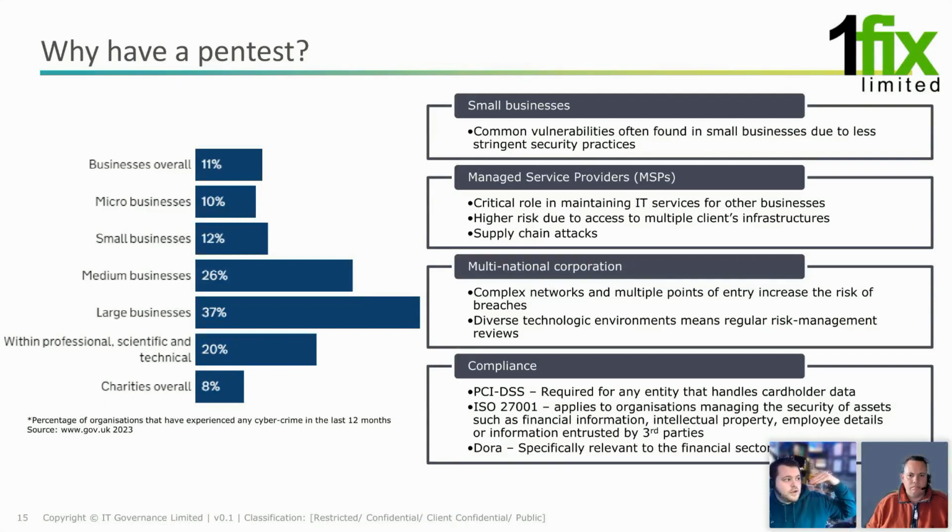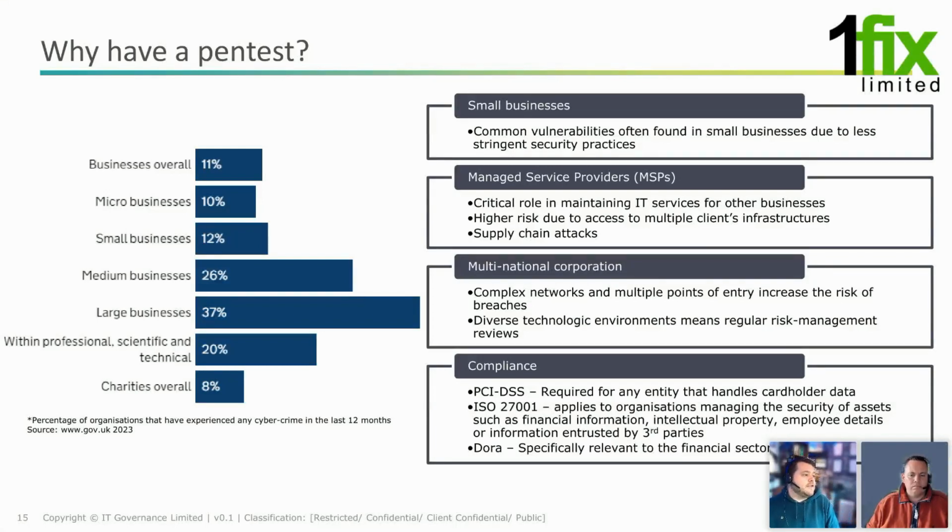So if you were using SolarWinds in this particular version, you'd be vulnerable to attack because the person above you who helps manage it got compromised. It's called a supply chain attack. So MSPs are a big target also. And then multinational corporations, as you'd expect, don't really differ too much from an SME or an MSP perspective. They're just bigger.